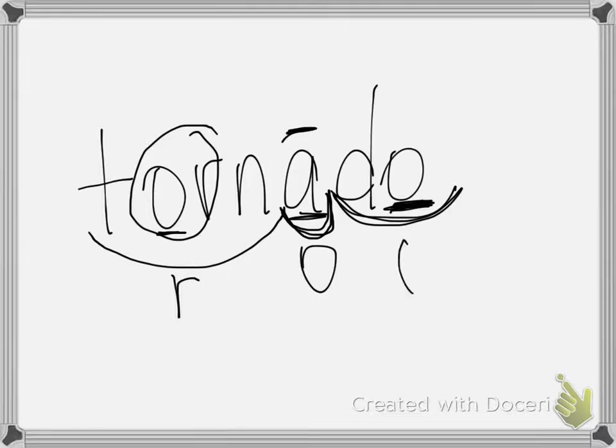It is open. There's no consonant after your O right here to make it say ah. So it's open. So it says O. It says its name. So let's go syllable to syllable. You have tornado. Tornado. What's your word? Tornado.